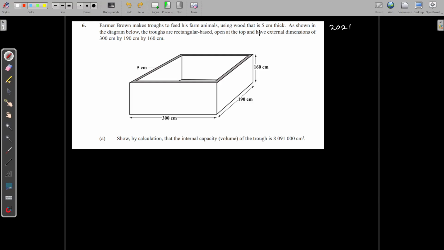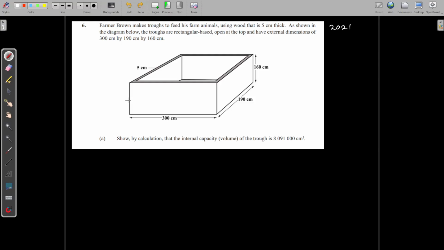So here's the thing now, I'm not sure if the base would be using that same concept, so I'm going to assume that it's not and just use the 5 centimeter for the sides.